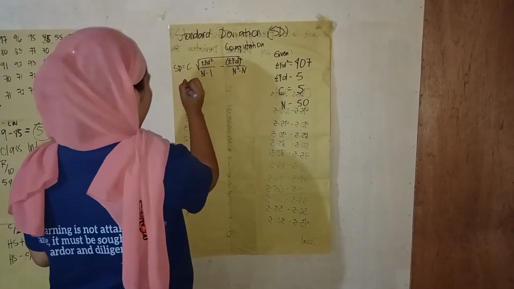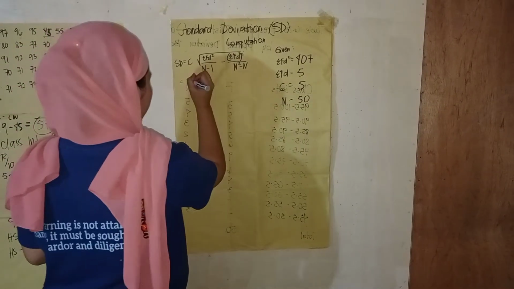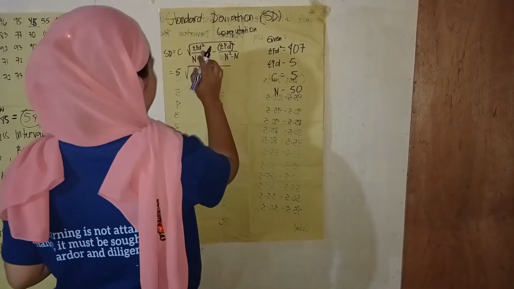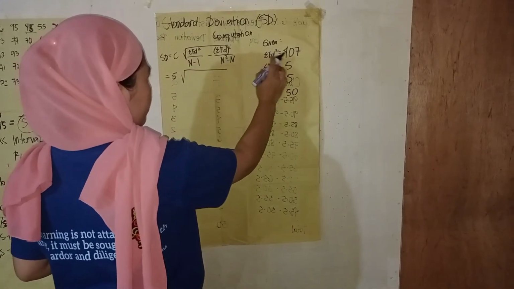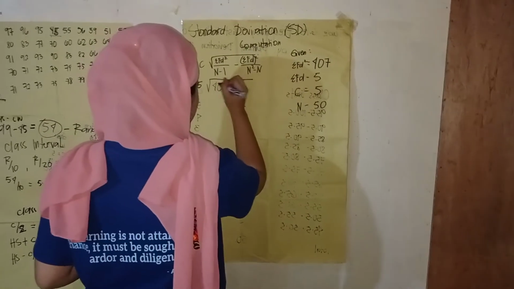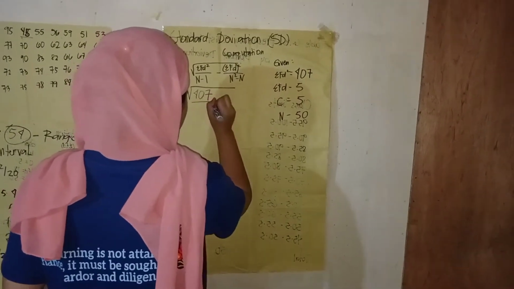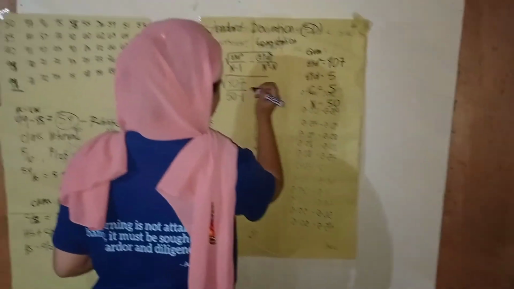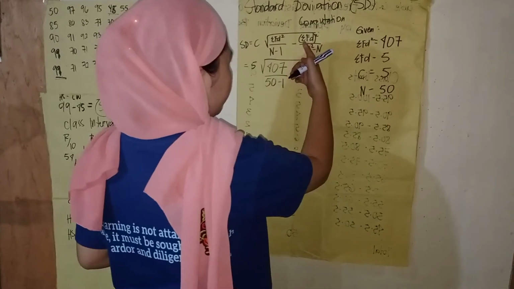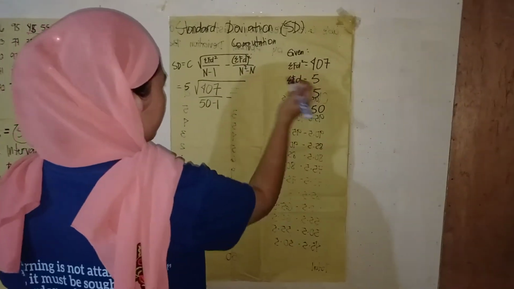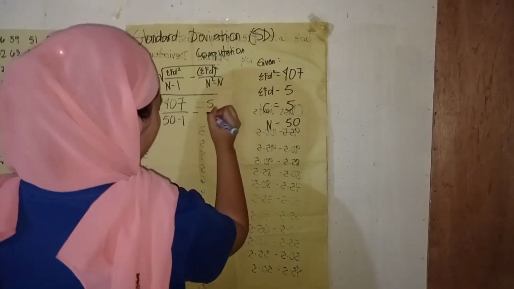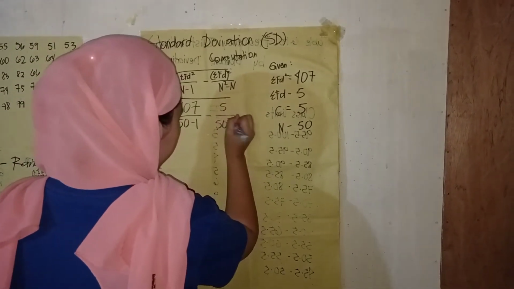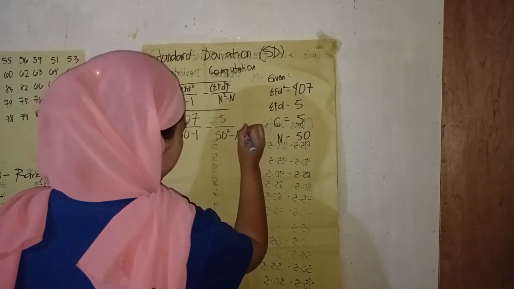So equals our class interval 5, square root of our sum of product f d squared, 407, over our number of cases 50 minus 1, minus sum of product f and d, 5, squared, over our number of cases squared, 50 squared, minus number of cases.